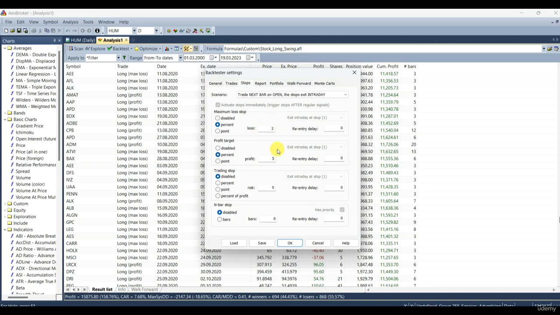Like this, we can control better the losses or the profits, but mostly the losses, because it will be almost always exactly 2%. Whereas when we leave the exit on next day, the losses can be much higher. We saw that in previous chapter.